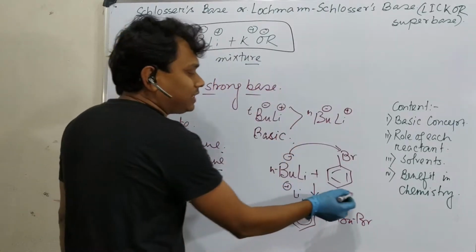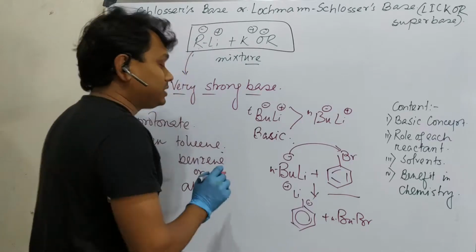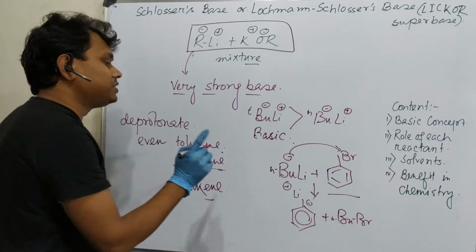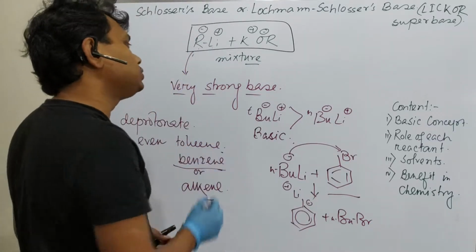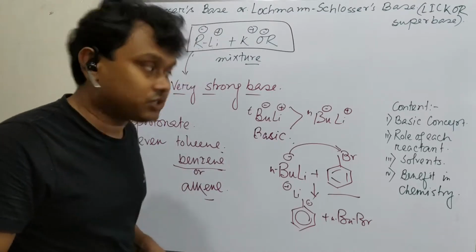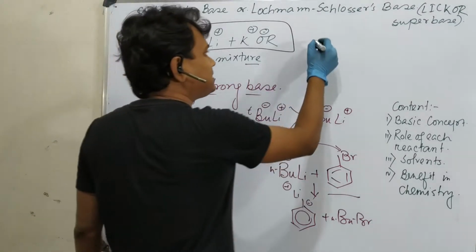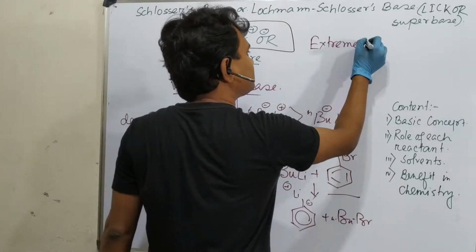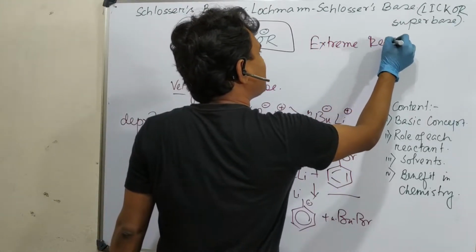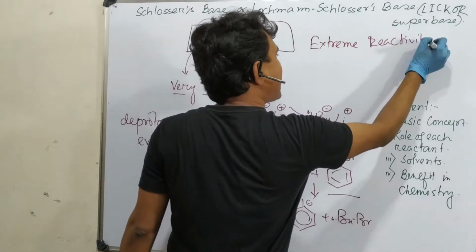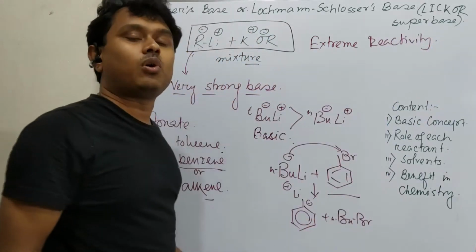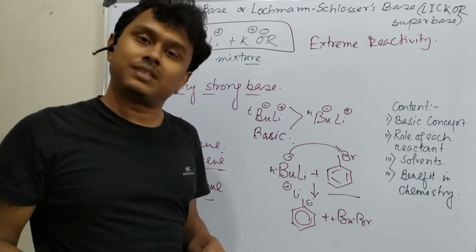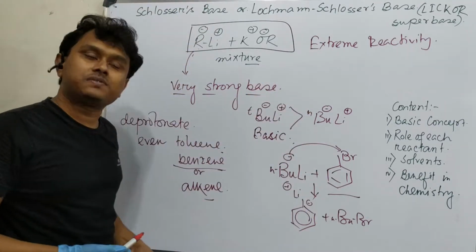So for that you need halogen. In this case, the advantage is you can do it directly, but this also has some disadvantages. What is the disadvantage? Extreme reactivity, because every achievement always comes at the cost of something.